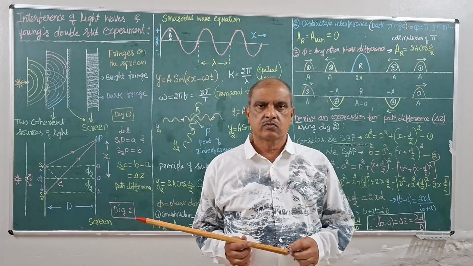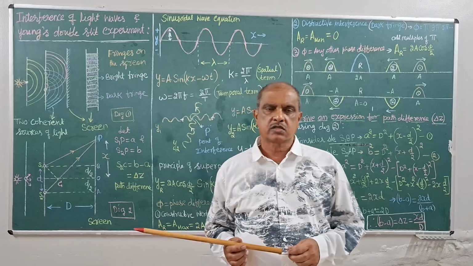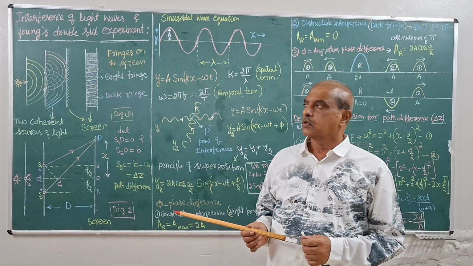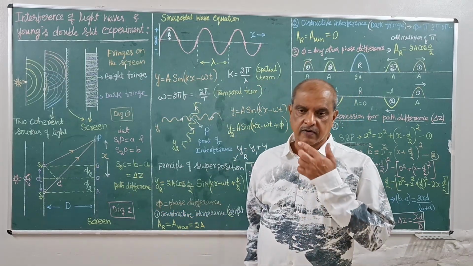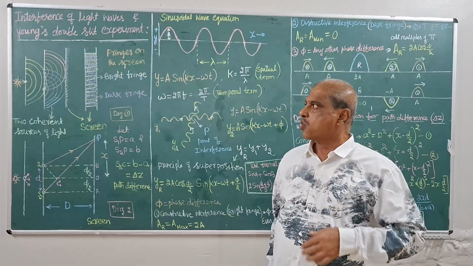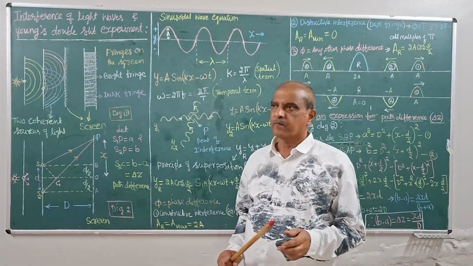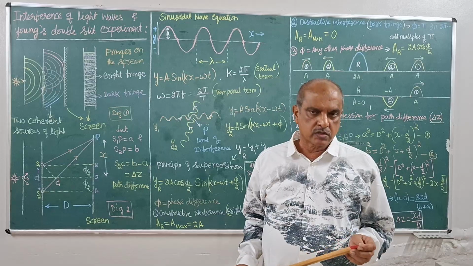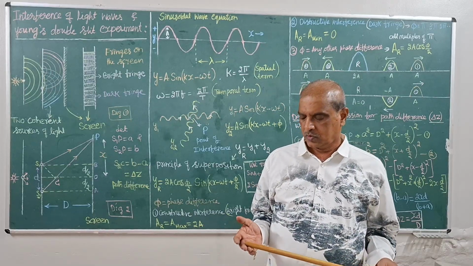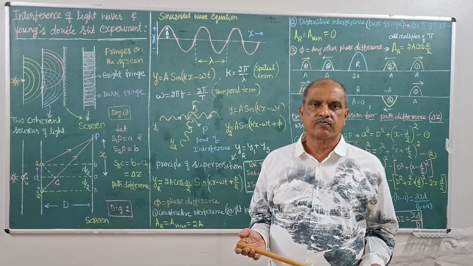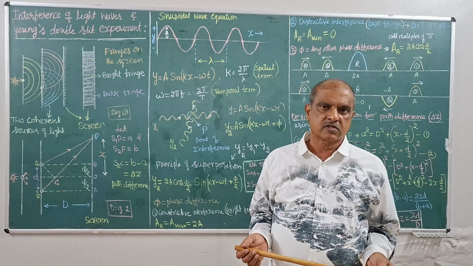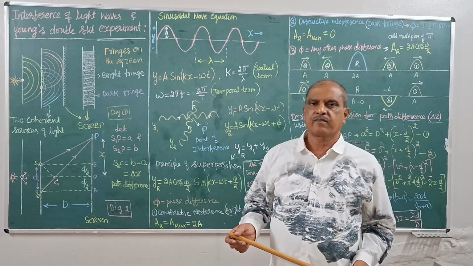In this session, let us discuss the interference of light. This experiment was conducted by Thomas Young. He was a British physicist.